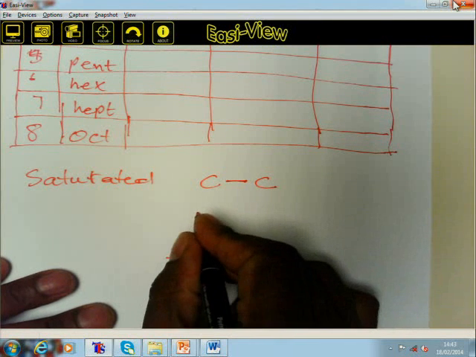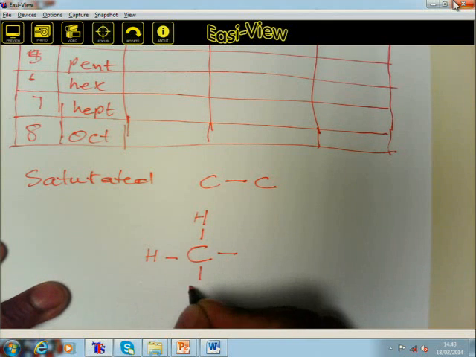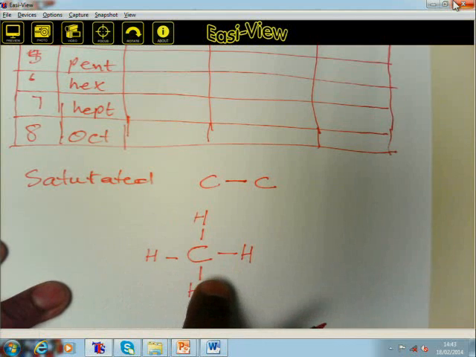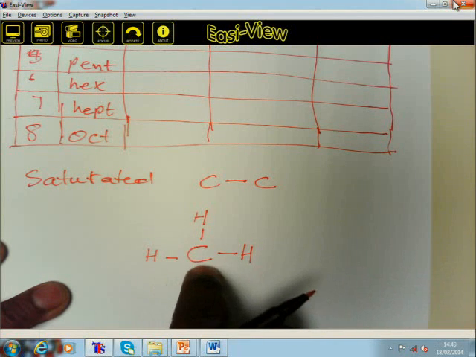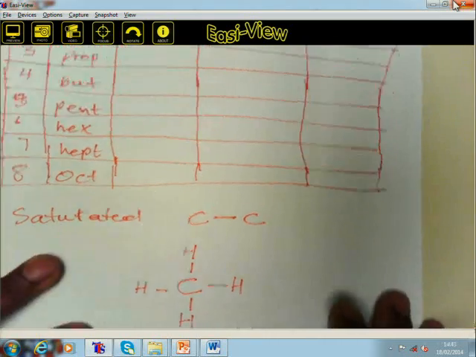And then because we are talking about hydrocarbon, it's the compound that only contains the hydrogen and carbon. So this will be methane. 1 carbon and 4 hydrogens. So that will be our methane.